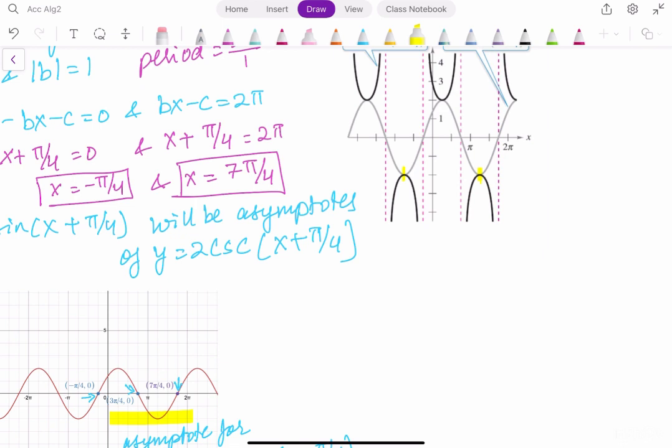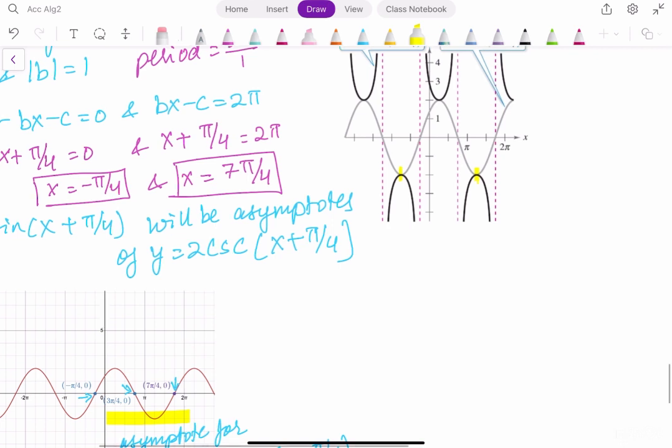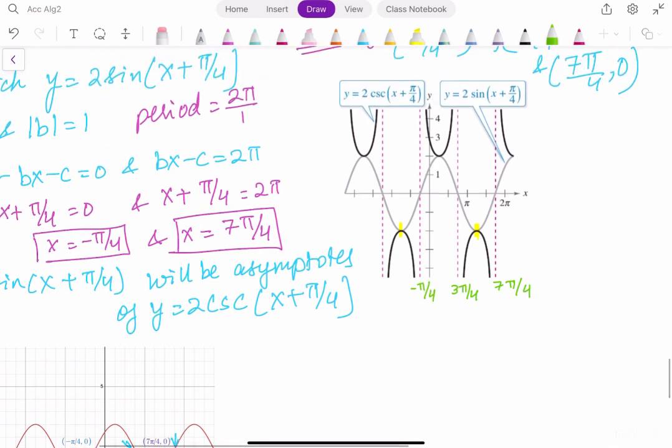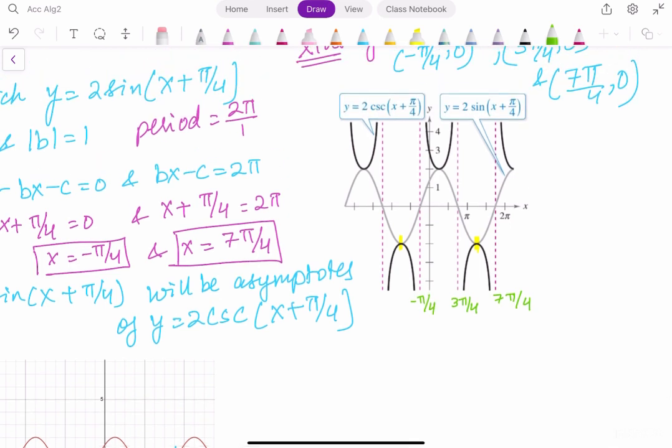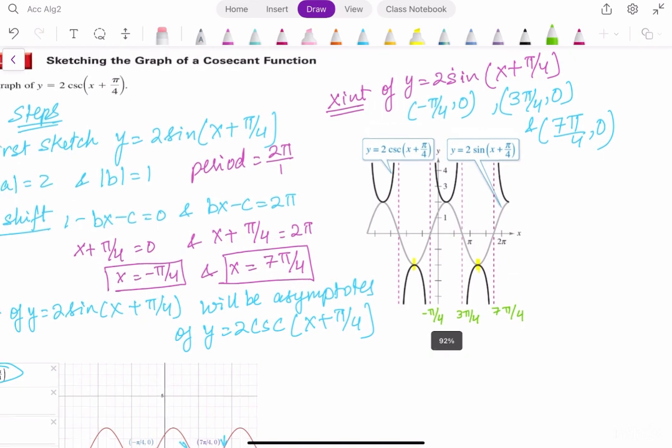So as a rule of thumb, if you have to graph the cosecant function or secant function, always graph their reciprocals, because graphing the sine function and the cos function is easy, and wherever there is a max or min, at those points the cosecant or secant function will bounce up, and the intercepts of the sine and cos function will work as the asymptotes.